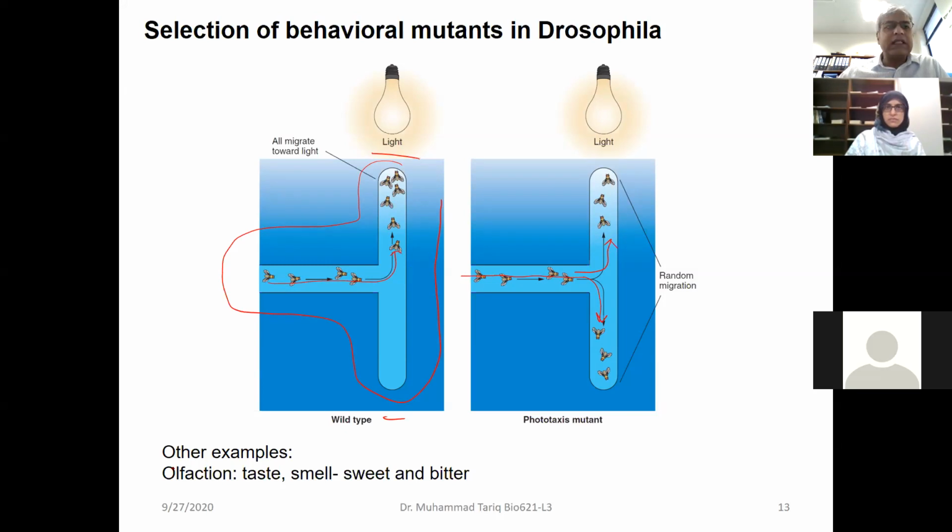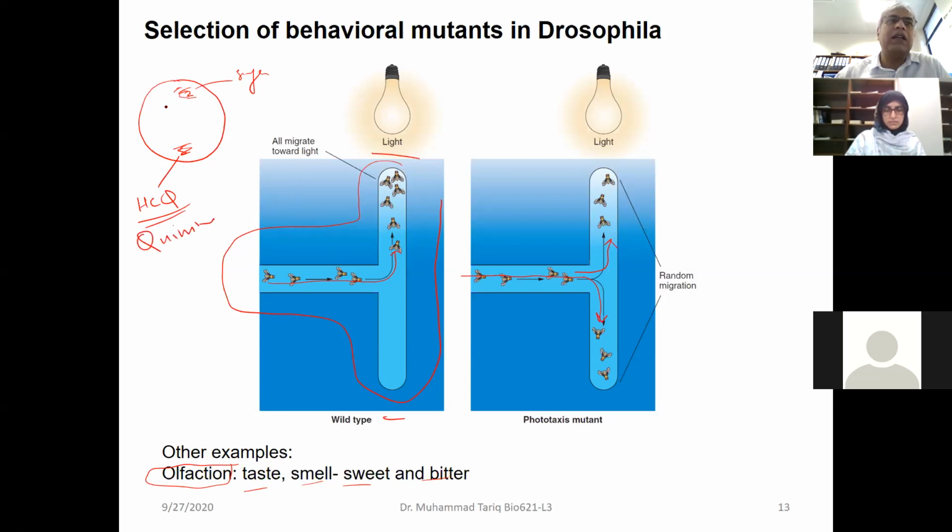Similarly, you can do other things as well, olfaction. You can think of taste, smell, sweet and bitter. On a plate, on one side you can add a food or sugar source. On the other side, you can have something extremely bitter, for example hydroxychloroquine or the malarial drug called quinine.